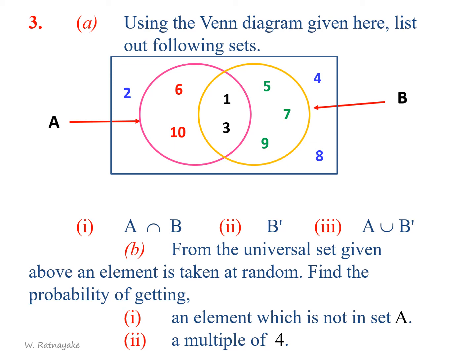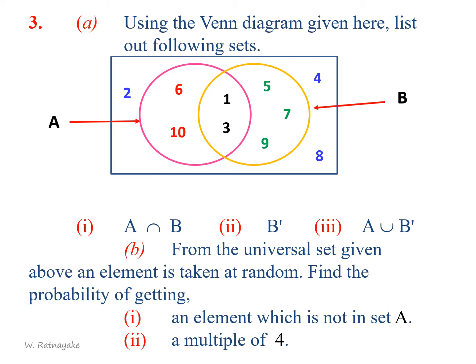Using the Venn diagram given here, list out the following sets. The Venn diagram is given. We have to list out number 1, A intersection B, number 2, complement of B, number 3, A union complement of B. That is part A of question number 3 that we hope to discuss in this video.